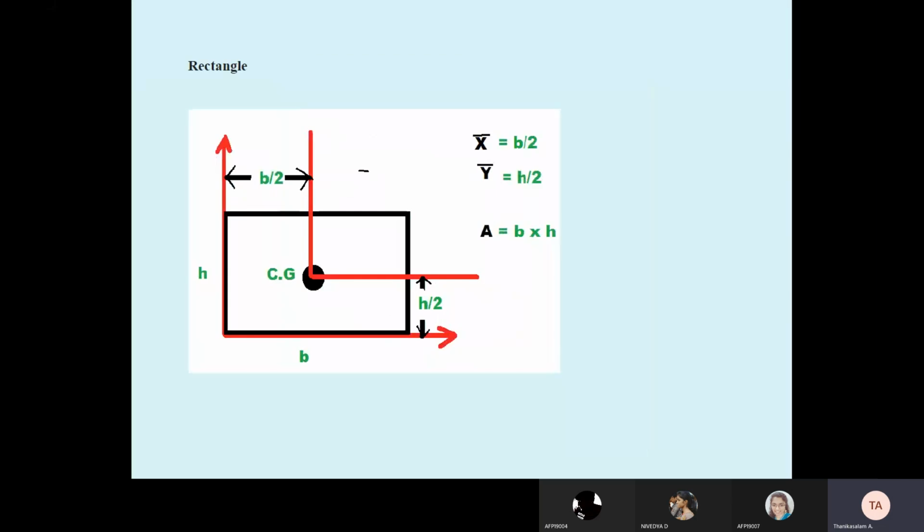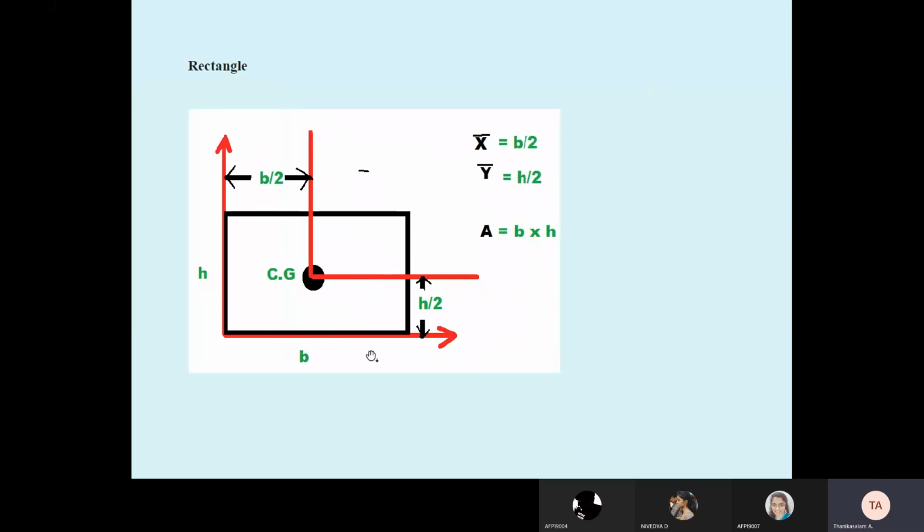Now see the first one, rectangle. So this is a rectangle, base b, height h. First we draw the reference axis. What is the reference axis? I told you, first just imagine this rectangle is placed in the first quadrant. Students, the first quadrant.